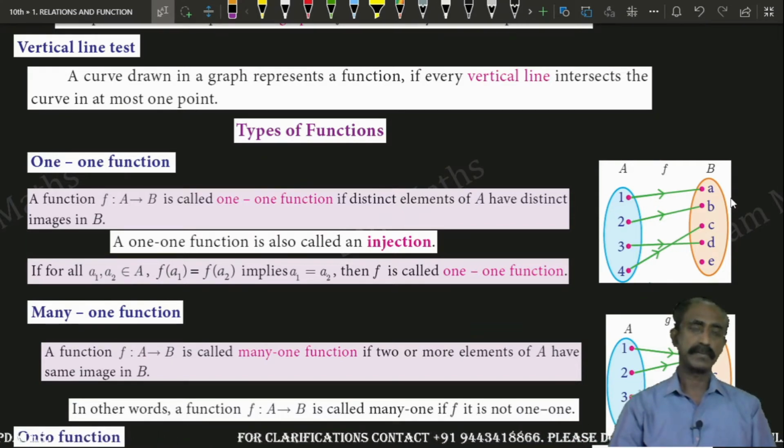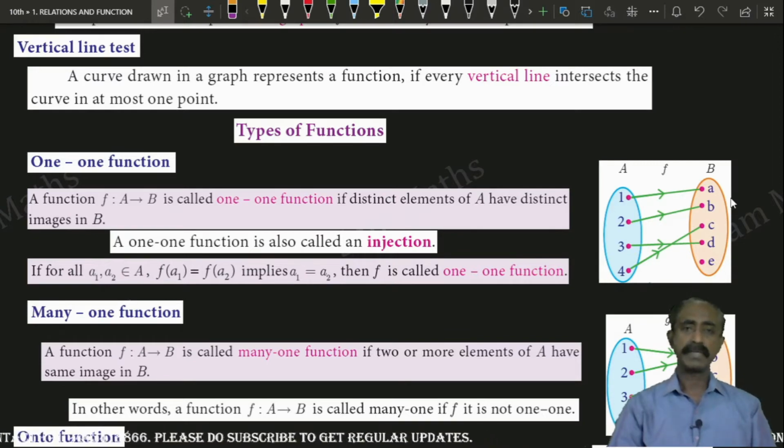One-one function. A function f from A to B is called one-one function if distinct elements of A have distinct images in B. The first example you can see. In A we have 4 elements. All the different elements have different images.